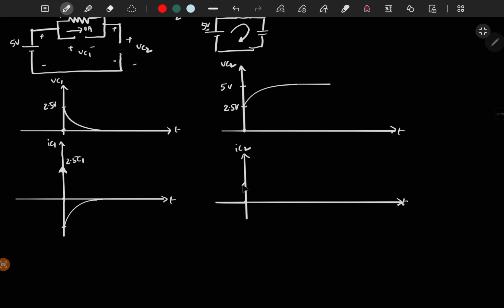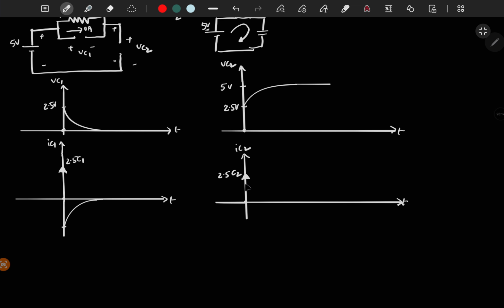So there should be an impulse current, with magnitude C2 times this change in voltage. This change in voltage is positive, so you have a positive impulse. So the change is 2.5 times the capacitor C2, and the voltage is charging exponentially, which means there should be current flowing through the capacitor in this direction, which is positive. And for t tends to infinity, the voltage is constant, which means it is completely charged, at steady state, so you will get the current as 0.